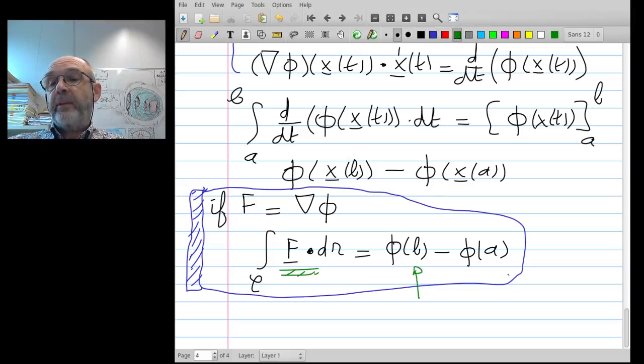You do something with it and you get the endpoints of that line, which you could think of as the boundary points.